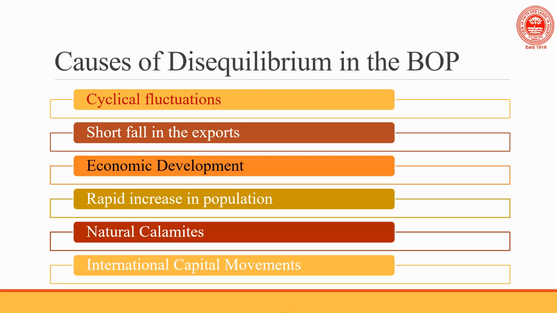Then also another reason for disequilibrium could be any kind of international capital movements. Now, if there have been more international capital movements, they might affect the capital account or current account, due to which there might be some sort of disequilibrium in the balance of payment.